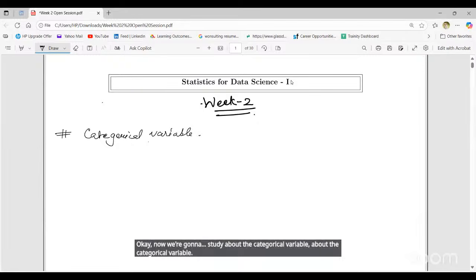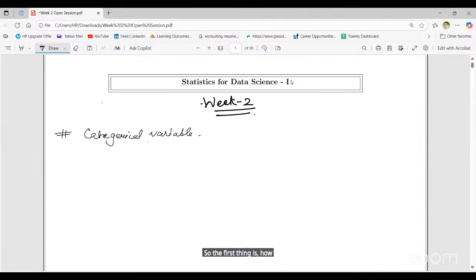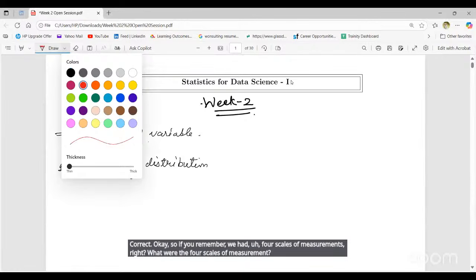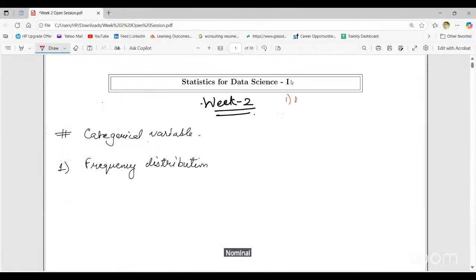Now we're going to study the categorical variable. The first thing is how to describe a categorical variable. In categorical data, ordinal and nominal data are present. If you remember, we had 4 scales of measurement: nominal, ordinal, interval, and ratio.